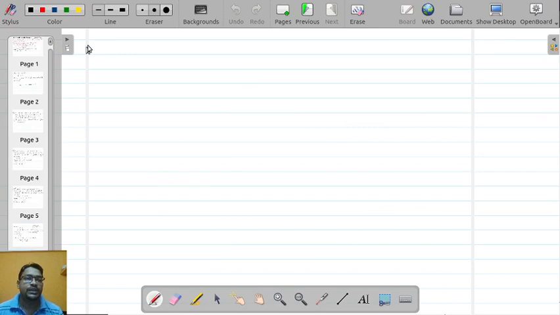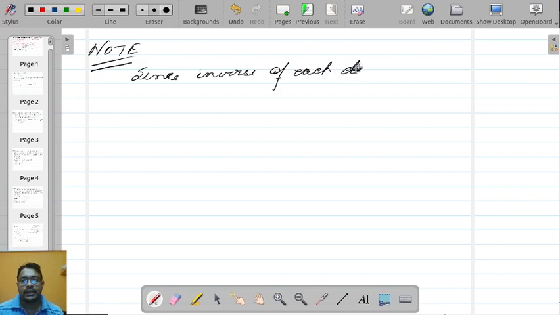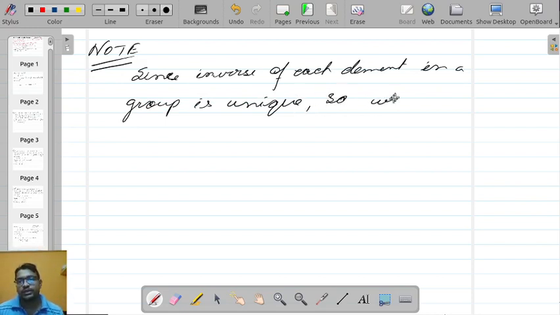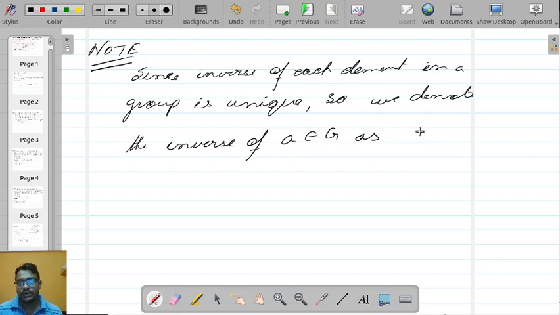Since we have shown the uniqueness, we will adopt one notation for the inverse. Since the inverse of each element in a group is unique, we denote the inverse of A in G as A inverse.